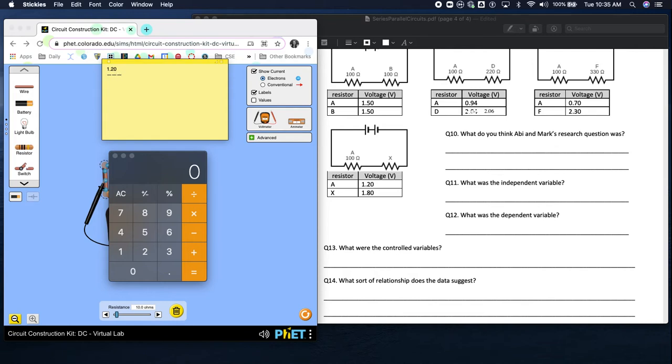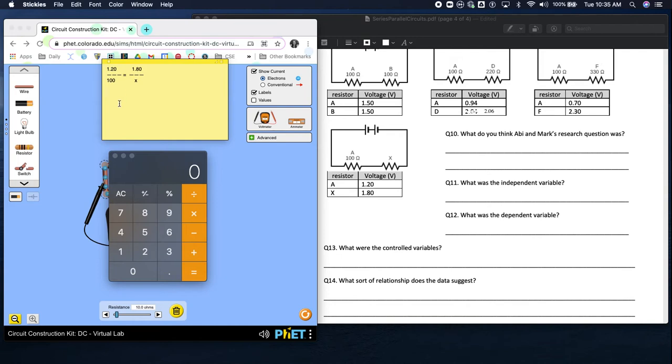Okay, divided by 100 ohms equals 1.8 volts over X. So now we're going to cross multiply, and when we cross multiply, we are multiplying these together and multiplying these together.